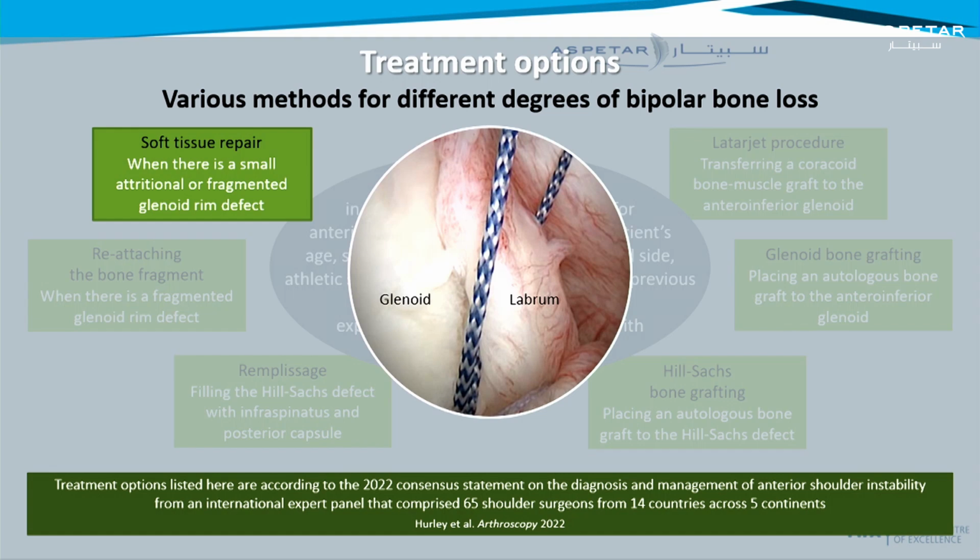I can do only soft tissue repairs like Bankart repairs, though I don't like to use the term Bankart repair. I think anterior inferior glenohumeral reattachment surgery is better than Bankart, if you want to talk anatomically. And we can also apply remplissage as a soft tissue procedure.